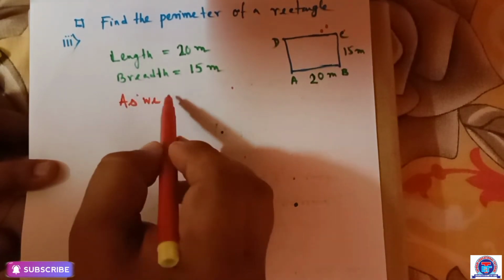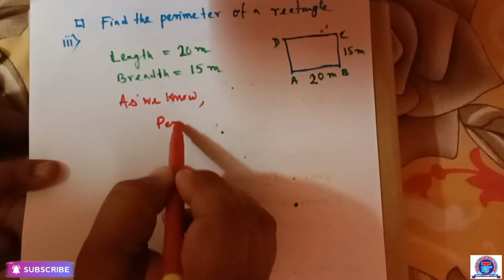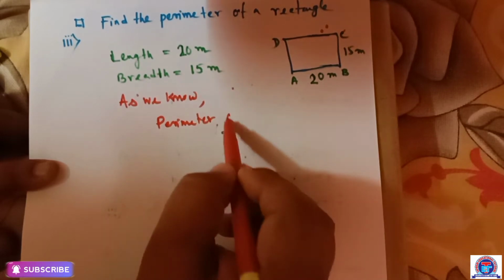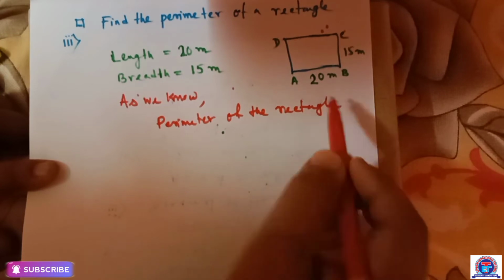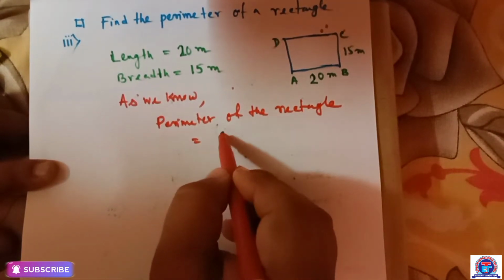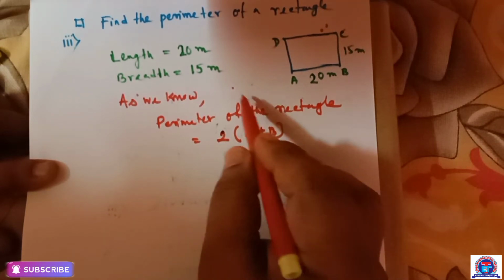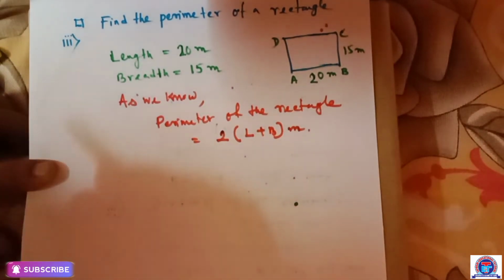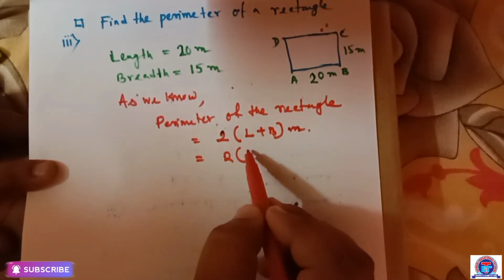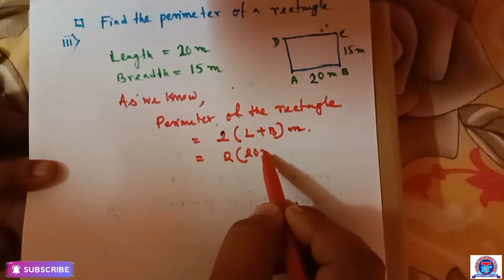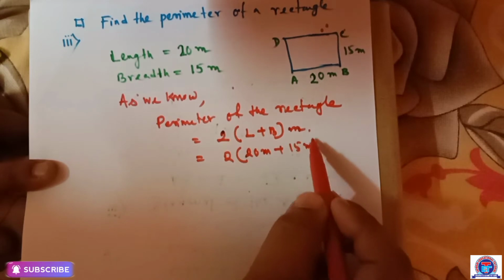As we know, perimeter of the rectangle is equal to 2 into length plus breadth, that is unit meter, right? So we put this value: 2 into the length is 20 meter, and breadth is how much? 15 meter.